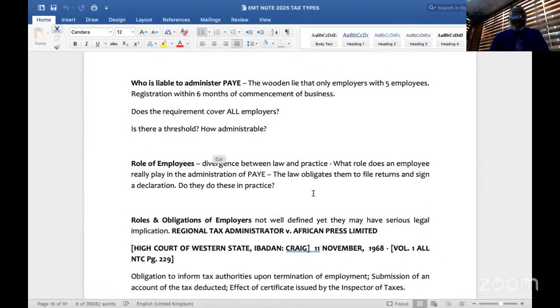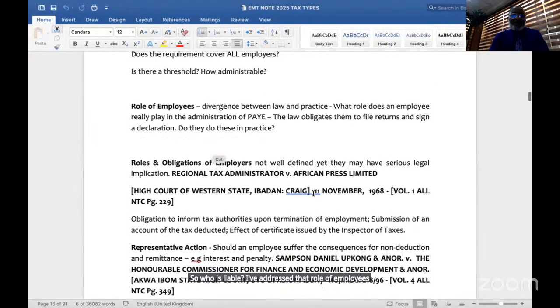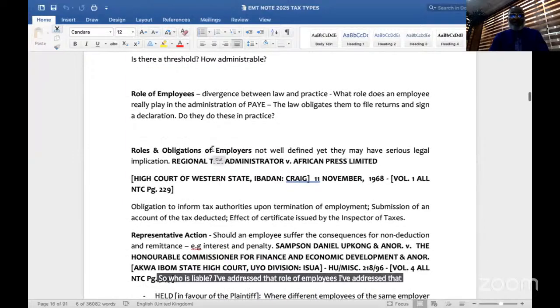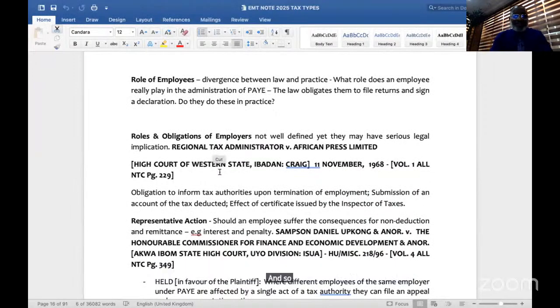So who is liable? I've addressed that. Role of employees, I've addressed that. Role and obligation of employers: some people have contended that employers cannot object, that the right person to object is each employee. So there are conflicting decisions here.